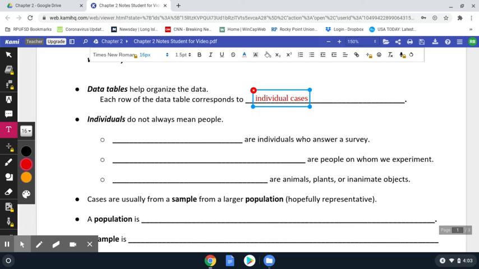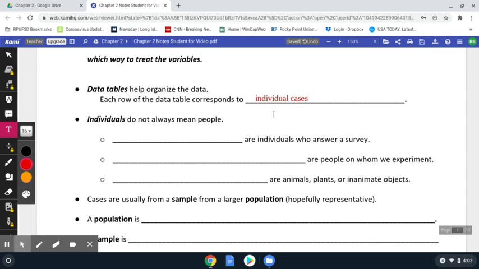So we've got a table and a series of cases. Could be a few, could be a rather large table with many, many cases. But either way, each row will give you the data that corresponds to each case.